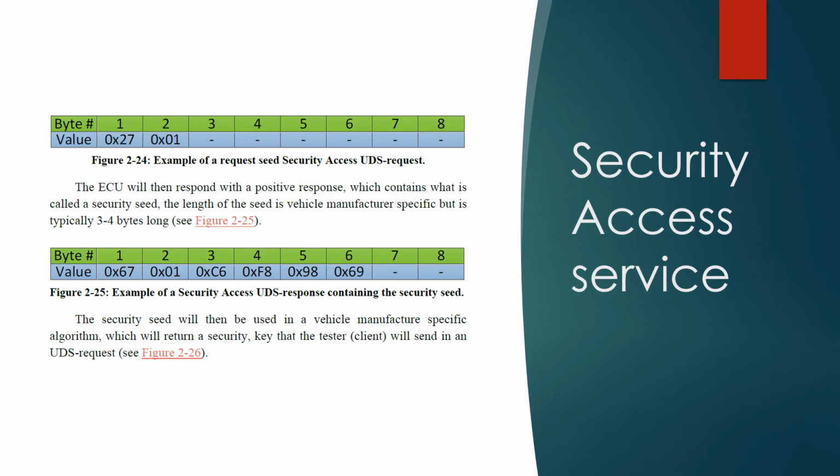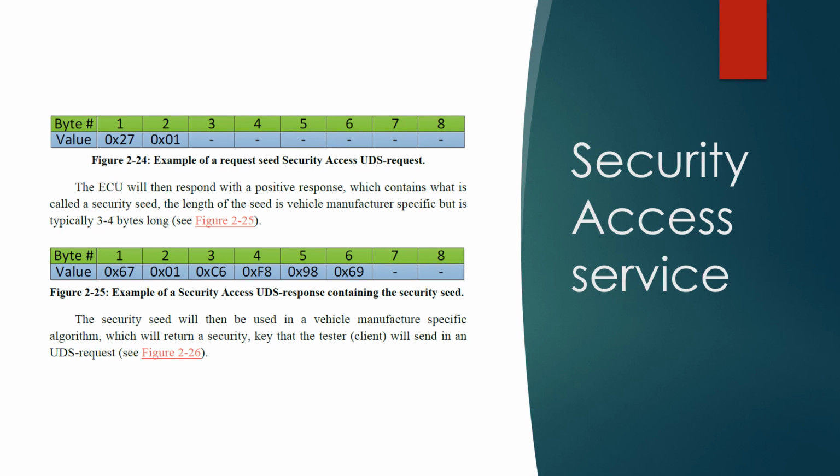As I said, 2701 is the request we need to send for security access, and then we will get a response, which is, as I said again, 27 plus 40, which is 67, and then 01. Then we will get a seed value.